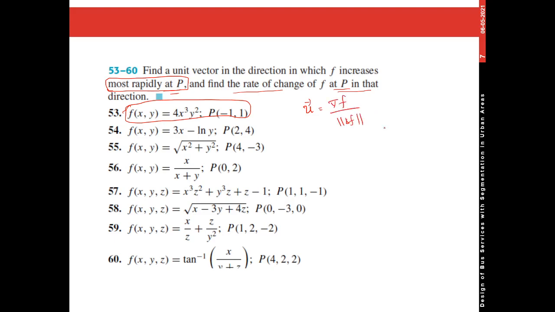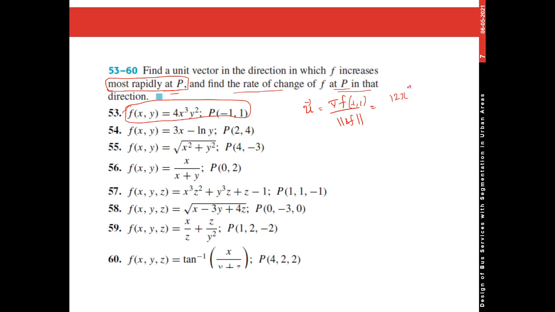This is the unit vector. So u equals del f. Del f is at (1, minus 1).